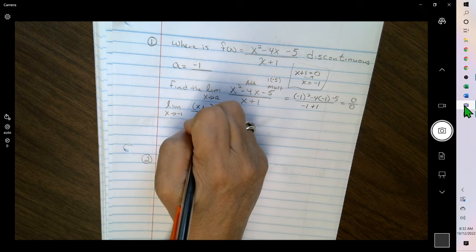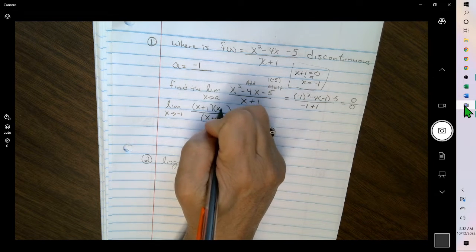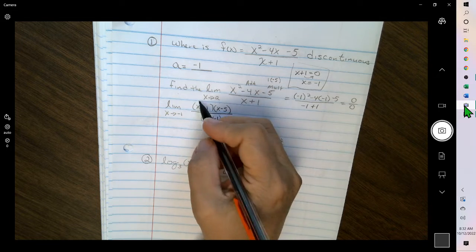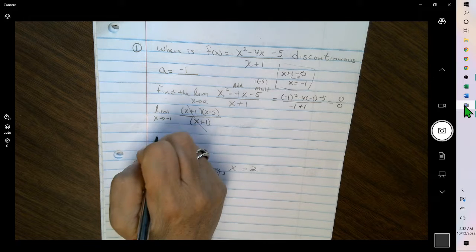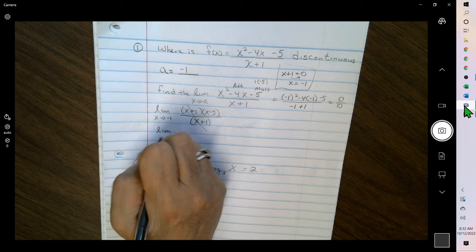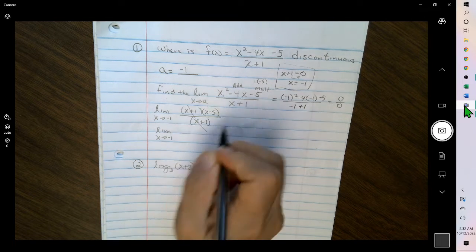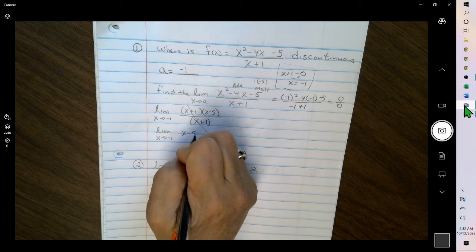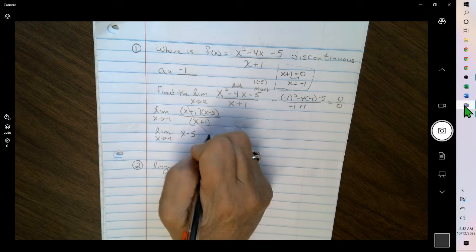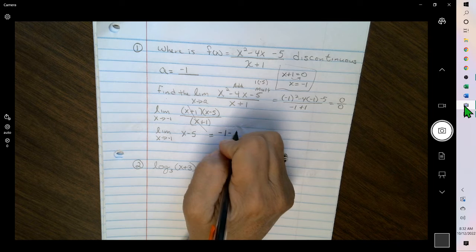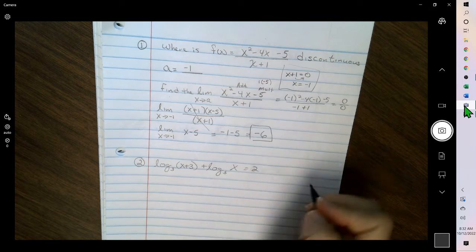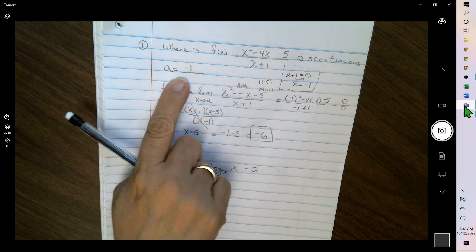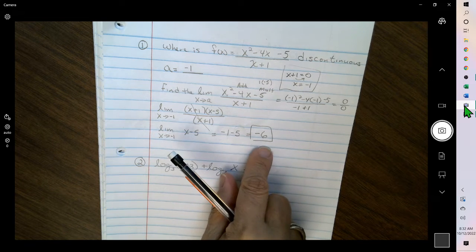So it's x plus 1, x minus 5. And the x plus 1's cancel. So we just have the x minus 5. Plug it in again and see what you get. -1 minus 5 is a -6. So it's discontinuous at -1, but we can still find a limit.